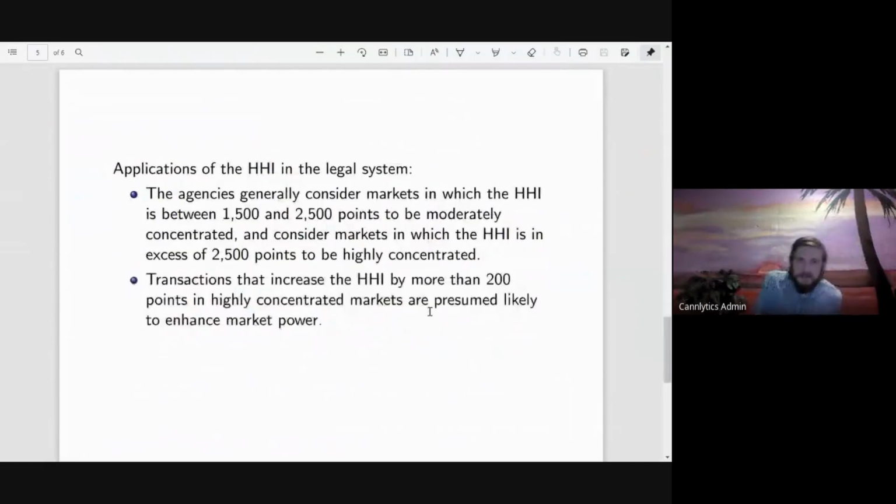And the reason this is important is, for example, if a policy decision is going to increase the Herfindahl-Hirschman index by more than 200 points, that's going to increase somebody's market power. So it's interesting to see how different policy decisions may affect market concentration.